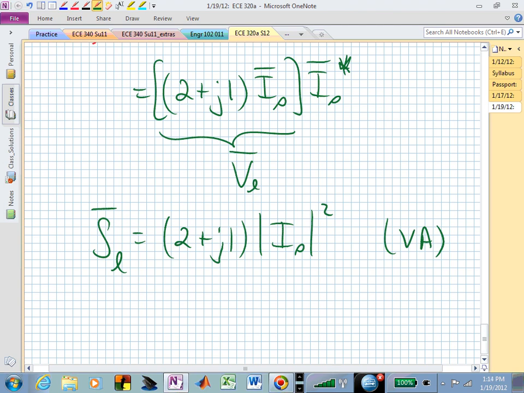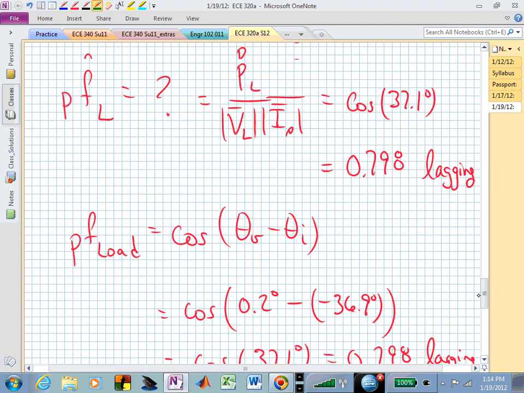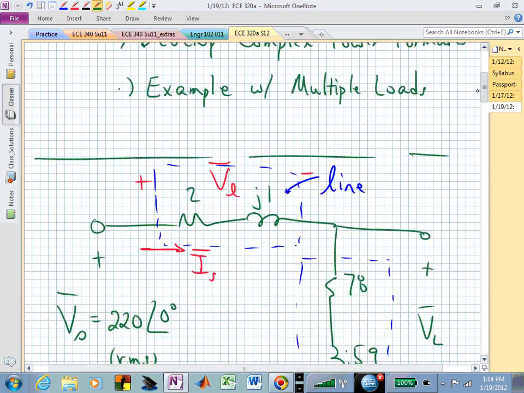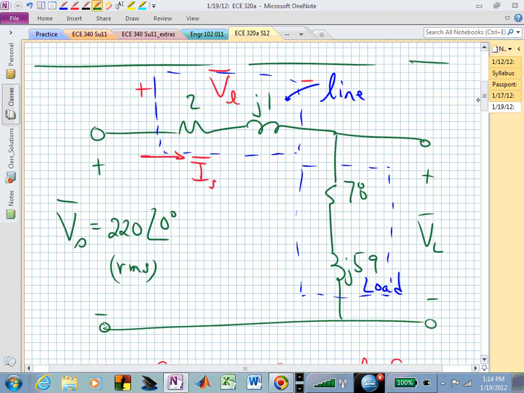We already have 2 of the pieces. There's really only 3 pieces here. We have the power supplied, and that's being absorbed by these 2 other pieces, the load piece and the line piece. So we should be able to simply subtract the source and the load to obtain the line.